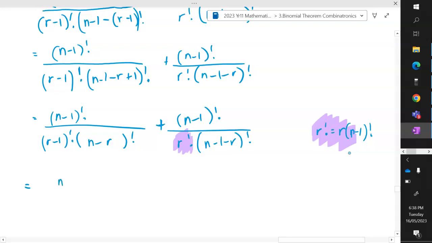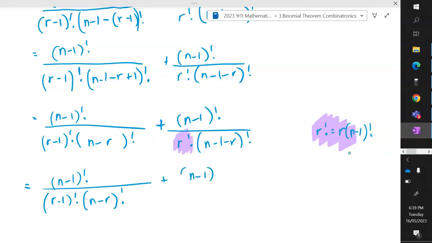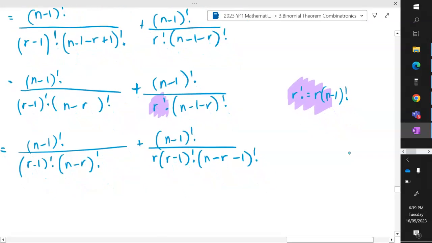So if I was to do that and I replace my r here with, well, let's write it back out again. Again, we're doing it slow so you get the hang of this sort of thing. And I've also rewritten my n minus 1 minus r as n minus r minus 1.